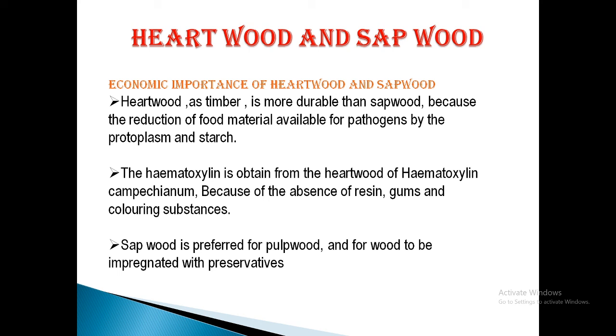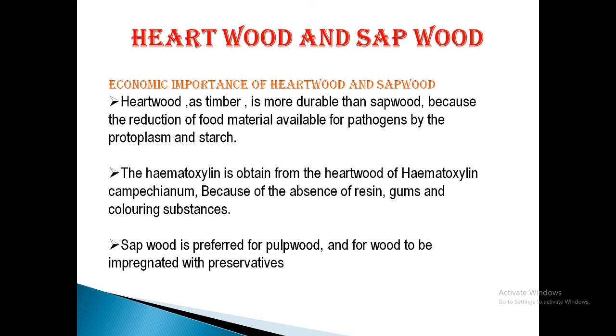Heartwood as timber is more durable than sapwood because of the reduction of food material available for the pathogen by the absence of protoplasm and starch, the formation of resin, oil, tannins, and the blocking of vessels by tyloses and gums, which makes the wood less susceptible to attack by organisms of decay.